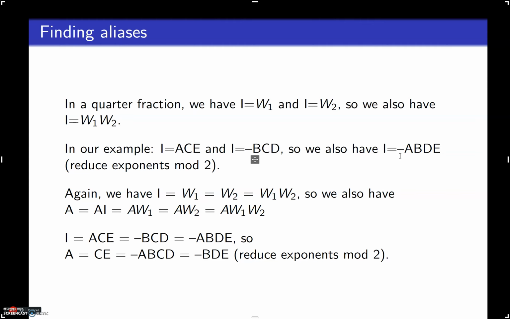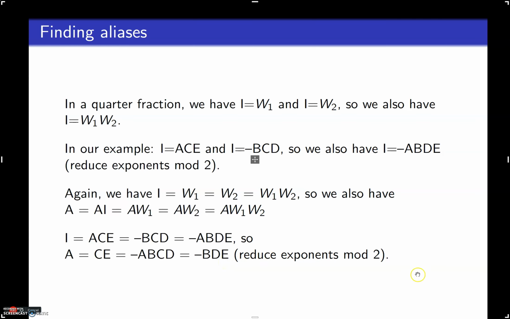Okay, so in our example, we had those equal to I, and as a result, we have A equal to CE. That was our first set of aliased effects. And negative ABCD, notice that's just A by that term, by BDE.